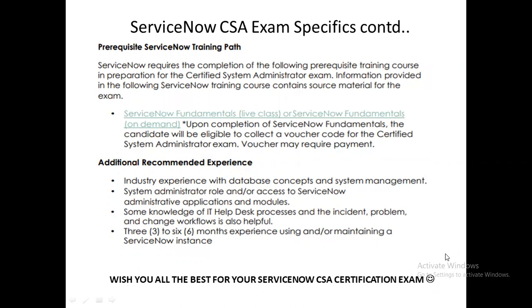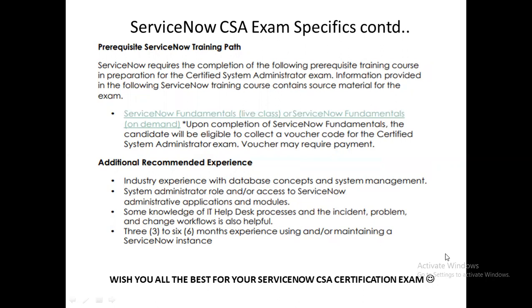There are two courses which we talked about earlier. One is a live class for ServiceNow Fundamentals, and the second is an on-demand class. The live class has to be arranged with the ServiceNow team, and Fundamentals on demand you can do at any point of time based on your availability, based on your login. You just need to register and start working on that course.